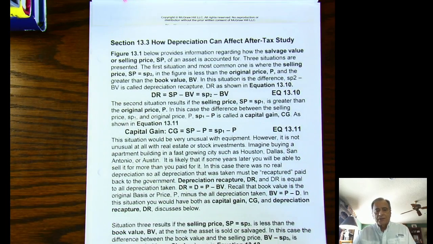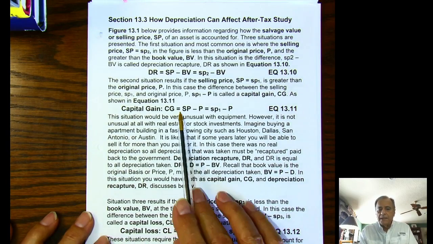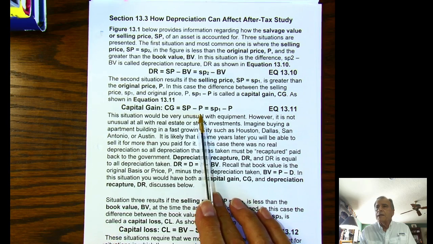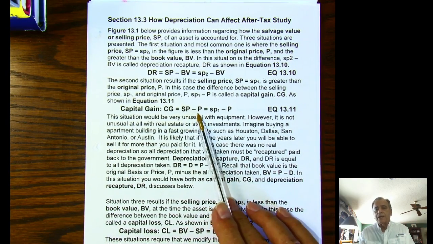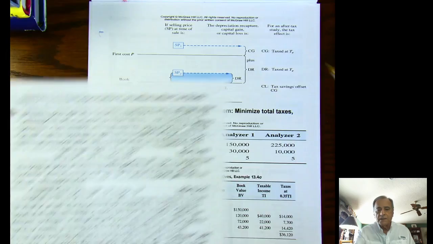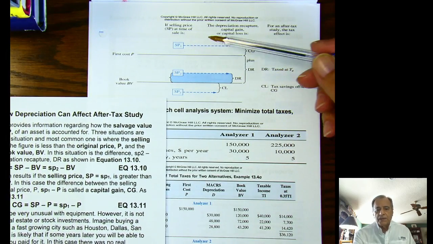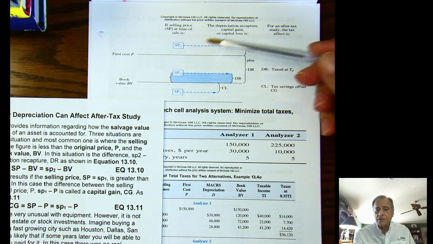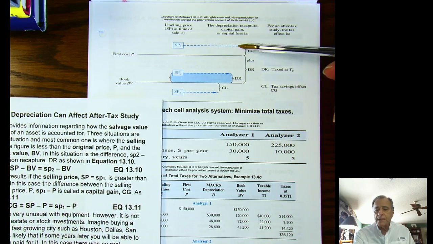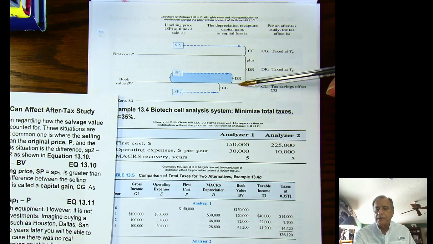So that's called a capital gain. And the capital gain is the difference between the selling price now, like the salvage value, and what you originally paid for it. So that's this distance SP1 down to here. If you sell it for SP1 dollars, which is greater than the original price, then on the books it's still down here at book value.